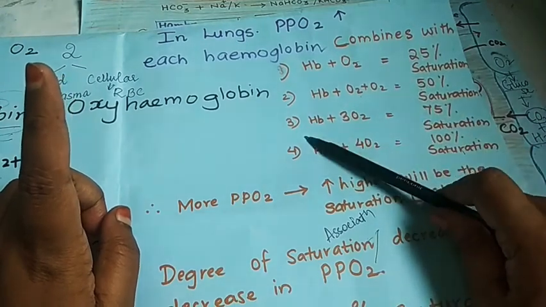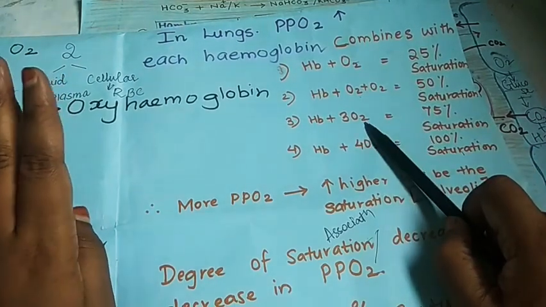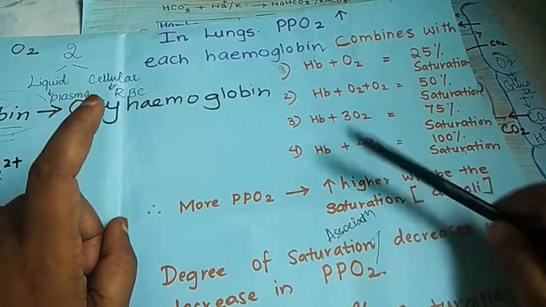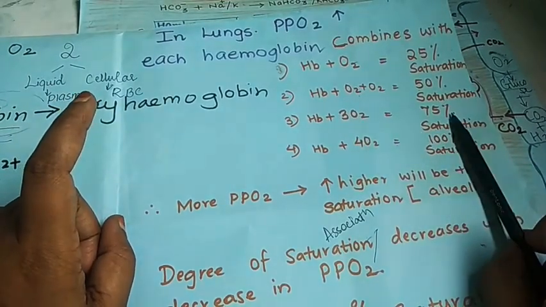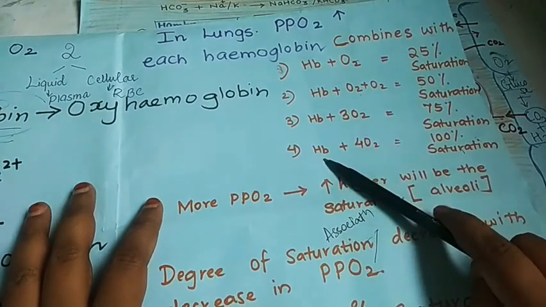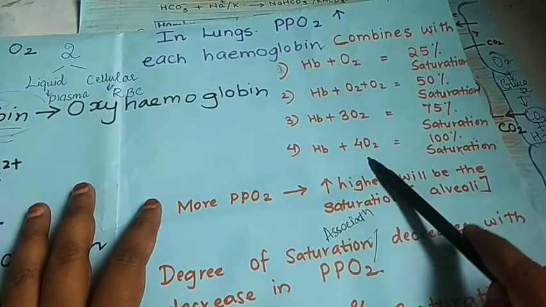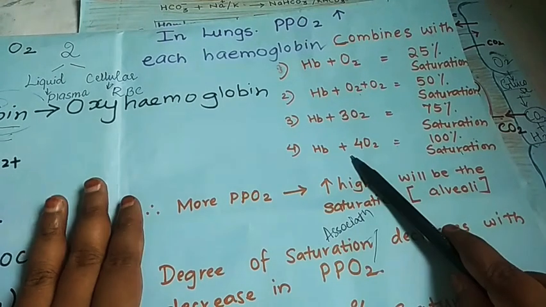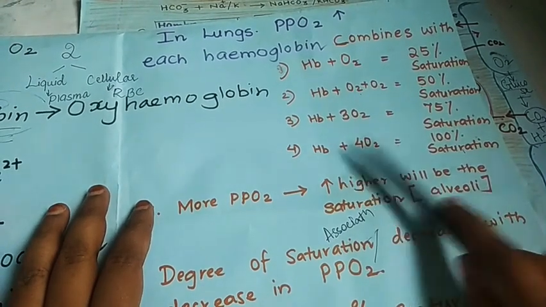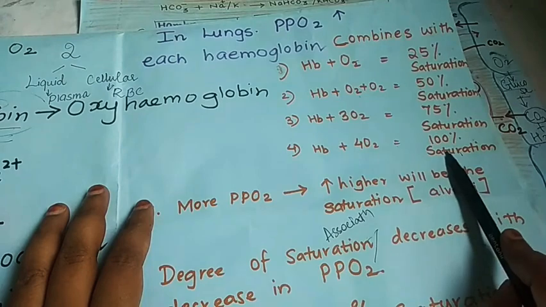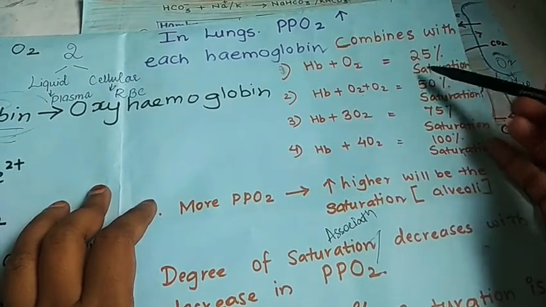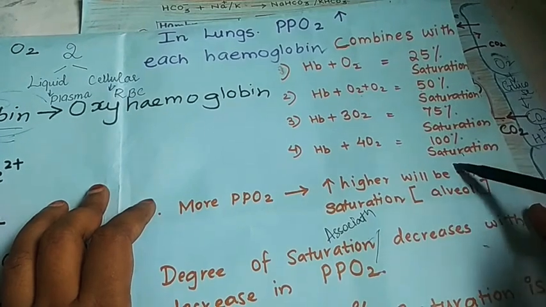If it attaches with 3 oxygen molecules, it is 75% saturated. If hemoglobin attaches with all 4 oxygen molecules, we can say this hemoglobin is 100% saturated. So saturation is 25%, 50%, 75%, 100%.